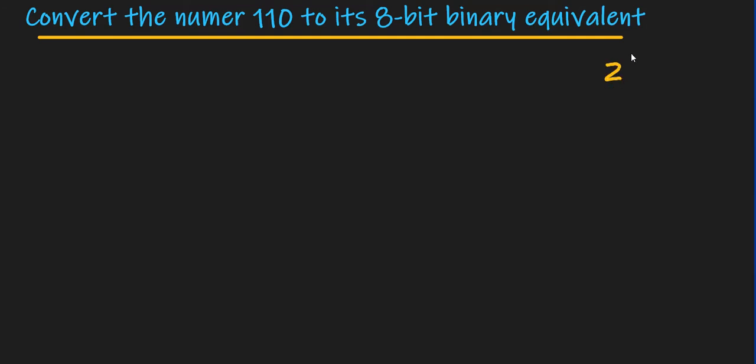So start with 2 to the power 0, 2 to the power 1, 2 to the power 2, 2 to the power 3, 2 to the power 4, 2 to the power 5, 2 to the power 6 and 2 to the power 7.